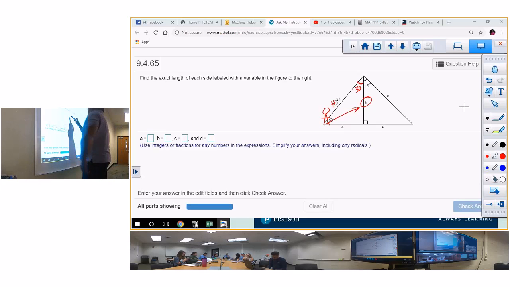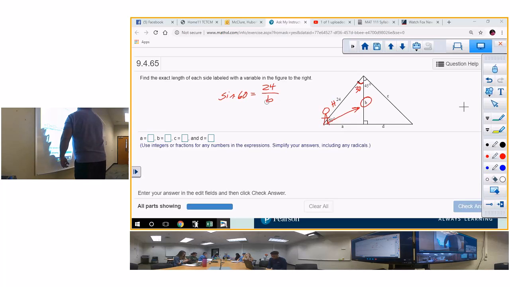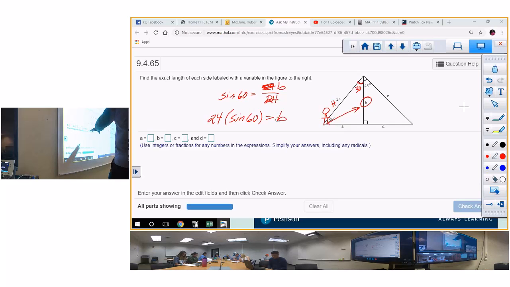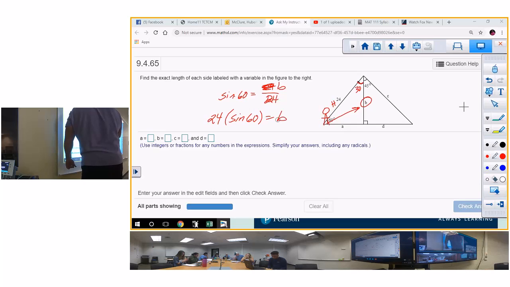So the sine of 60 is equal to B over 24. So multiply both sides by 24. 24 times the sine of 60 is equal to B. It doesn't say what to round it to. These are whole numbers, so I'm going to round them to whole numbers. So what is 24 times the sine of 60?